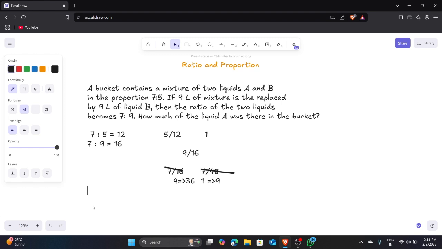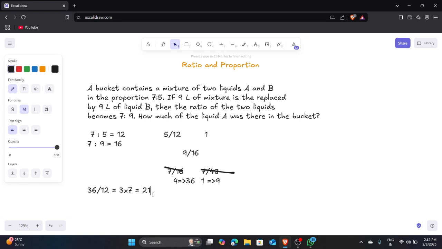I'm sorry for saying something else. So if we divide 36 by 12 and then multiply it with 7, 36 by 12 is 3, and then we multiply it with 7. What do we get? We get 21. So how much liquid was there in the bucket initially? It is 21, and this is the answer.